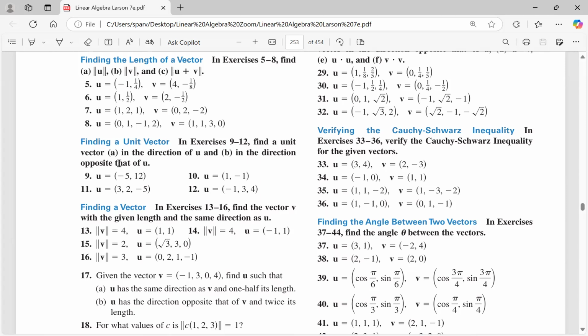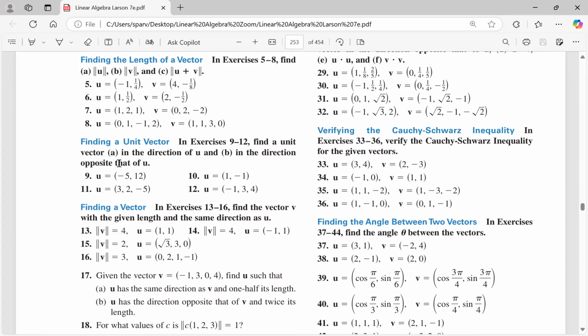The question, part A, so we want to find a unit vector in the direction of U. Unit vector in the direction of the vector U. And then in part B, in the direction opposite that of U.